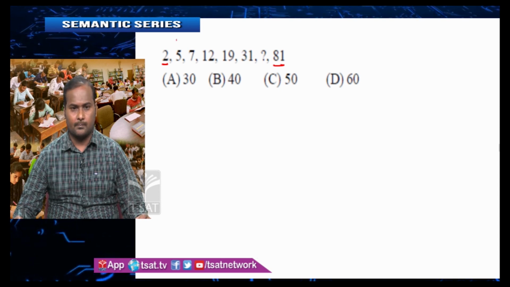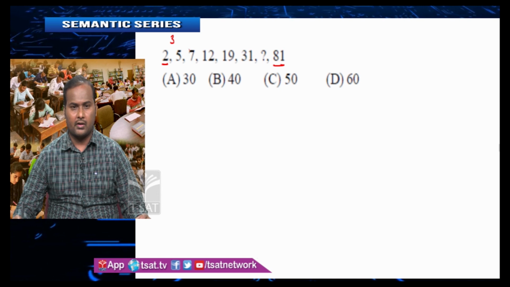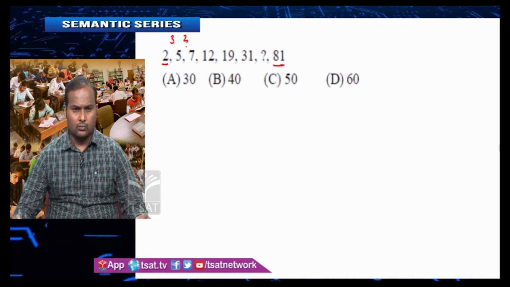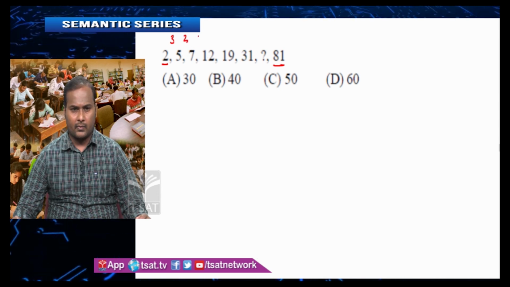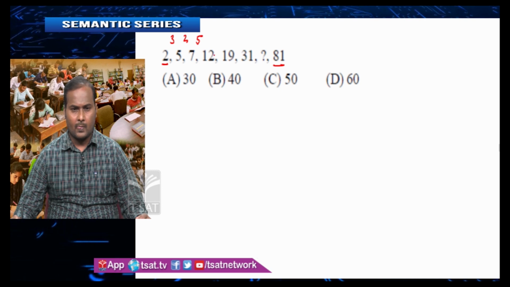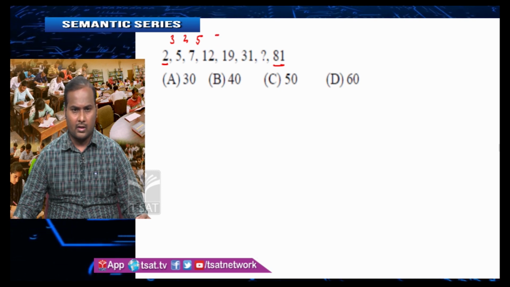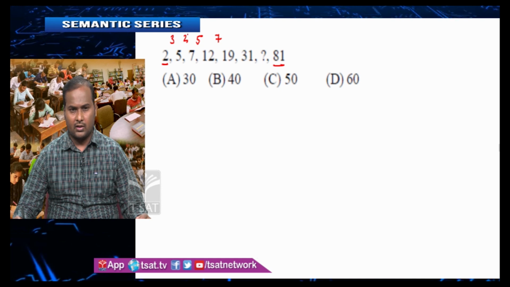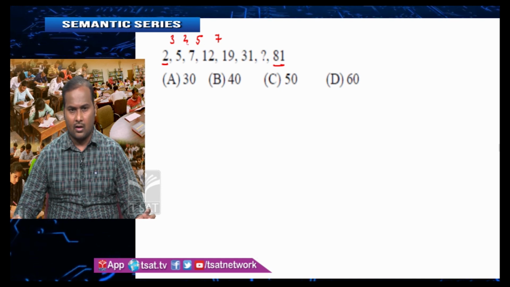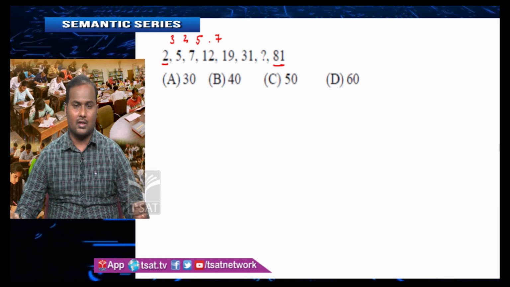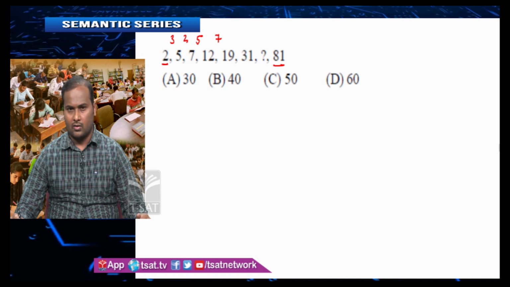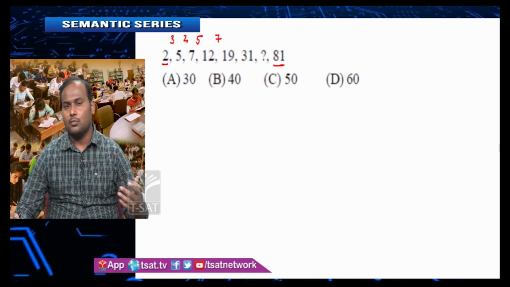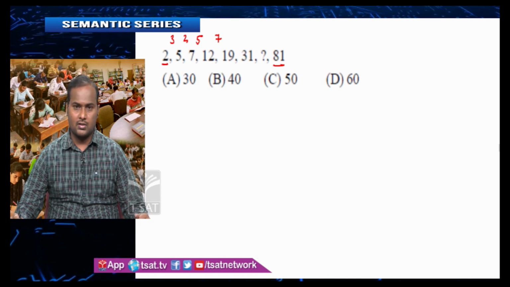See, 2 to 5 increasing by 3, 5 to 7 increasing by 2, again 7 to 12 increasing by 5, 12 to 19 increasing by 7. So if you see 3, 2, 5, 7, I can't predict any kind of consistent change. Whenever I am unable to find it, this is not the way to solve this question.